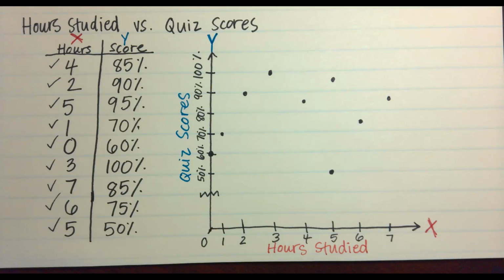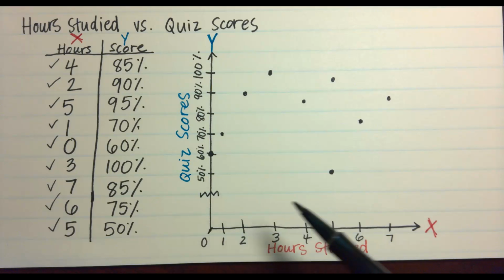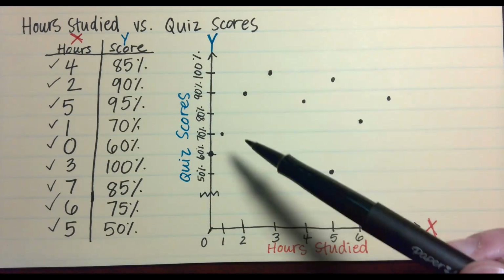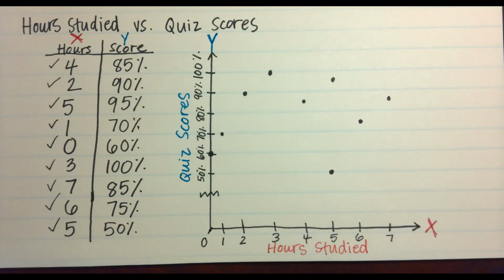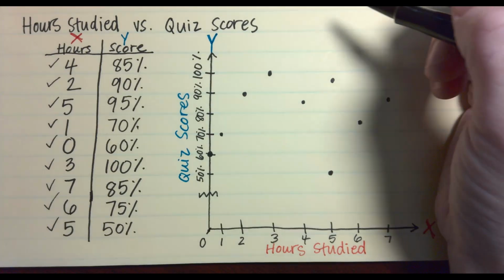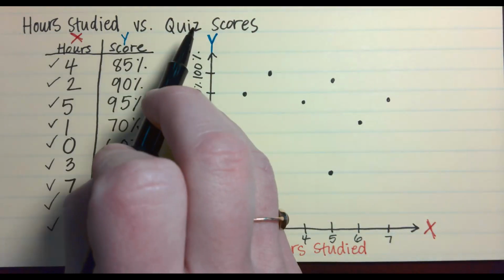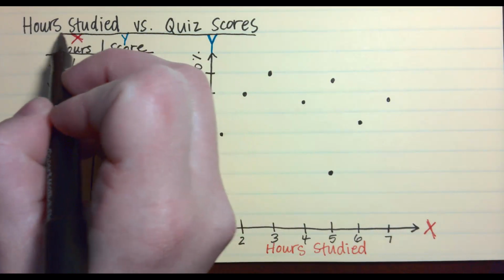So once you have finished plotting all of those points, you're going to end up with what we call a scatter plot. We just made a scatter plot of all of our data. So I'm going to title my little scatter plot here: hours studied versus quiz scores. And I don't want to rewrite it, so I'm just going to underline it. That's the title of my graph.